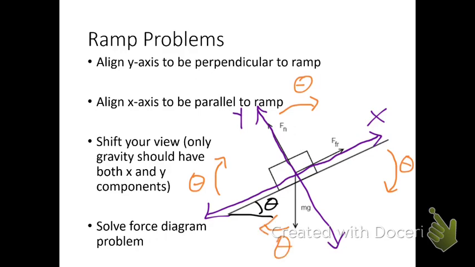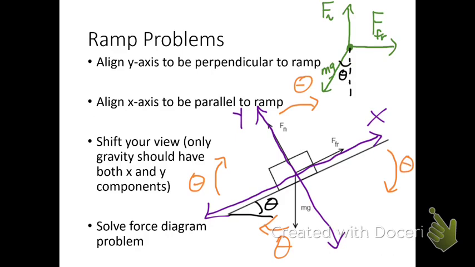Then I'd basically produce a free body diagram that looked a little bit like this, where all the forces have been rotated. Gravity is no exception. It has been rotated an angle theta away from the vertical where it originally was. So that's going to be right there.